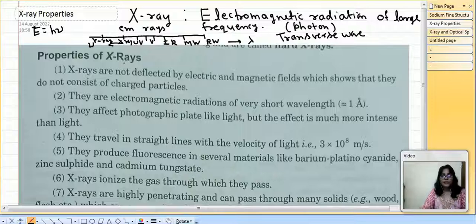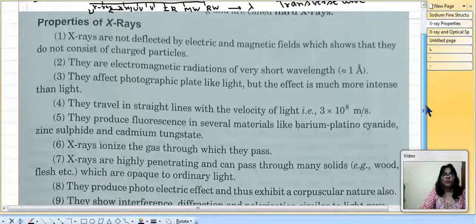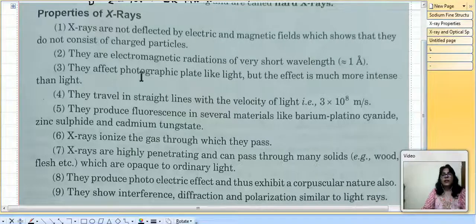So here there is a list of various properties of X-rays, and I am just reading all these, because there is nothing to explain in these properties. These are simple properties and you can understand easily.